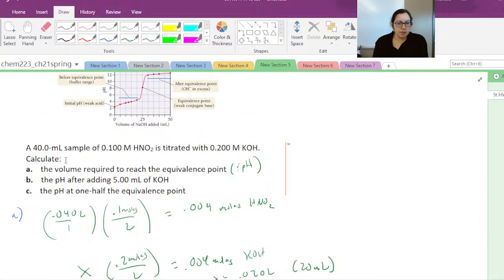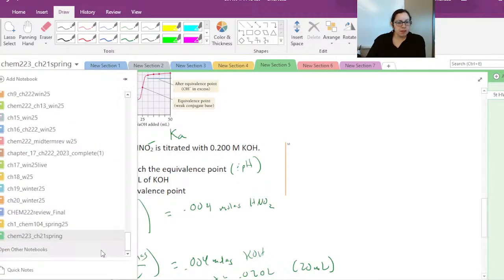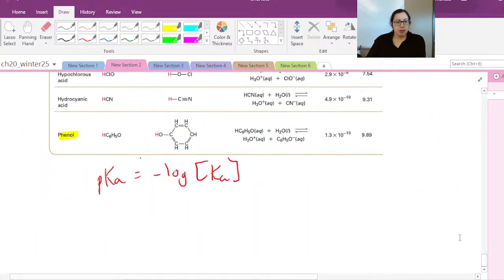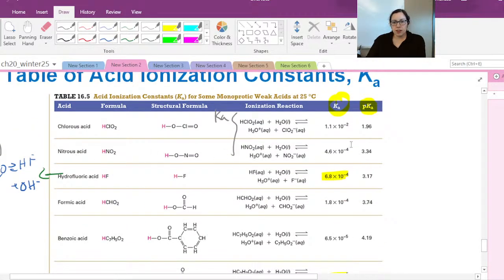So you'd probably find the Ka of our nitrous acid more readily. So I know we have that in our old notes somewhere. So let's see, nitrous acid here. Let's see if I can remember that.